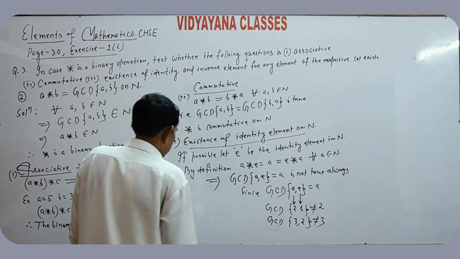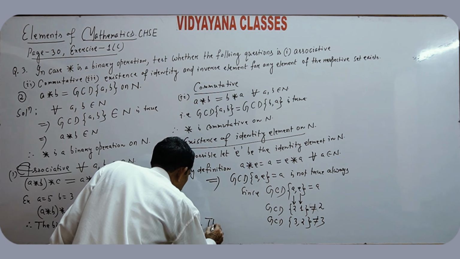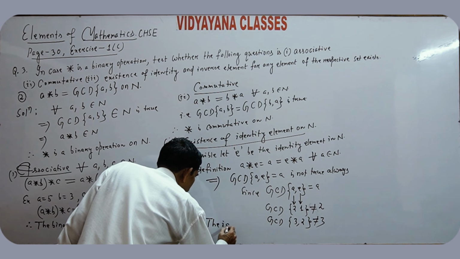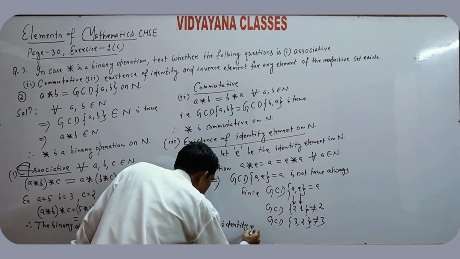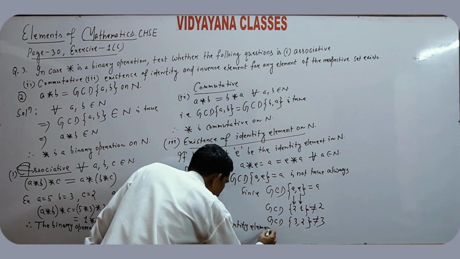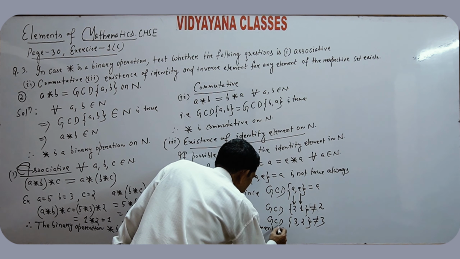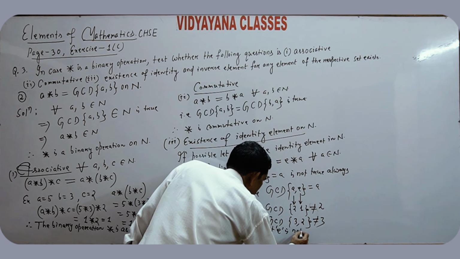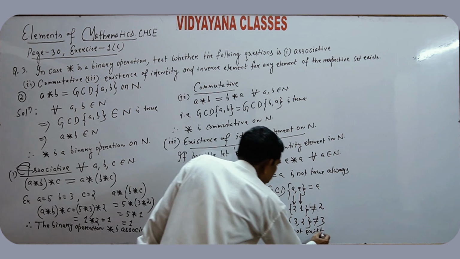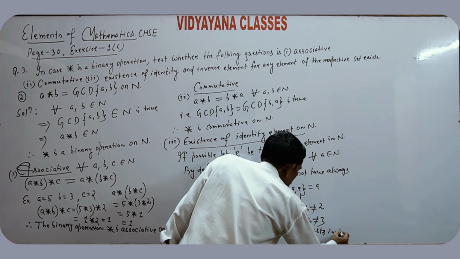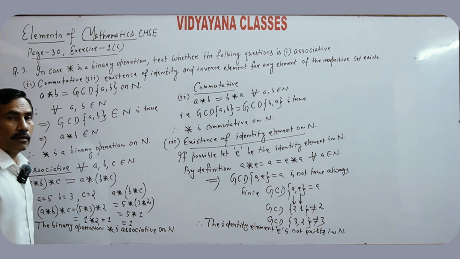Therefore, the identity element E does not exist in N. Clear?